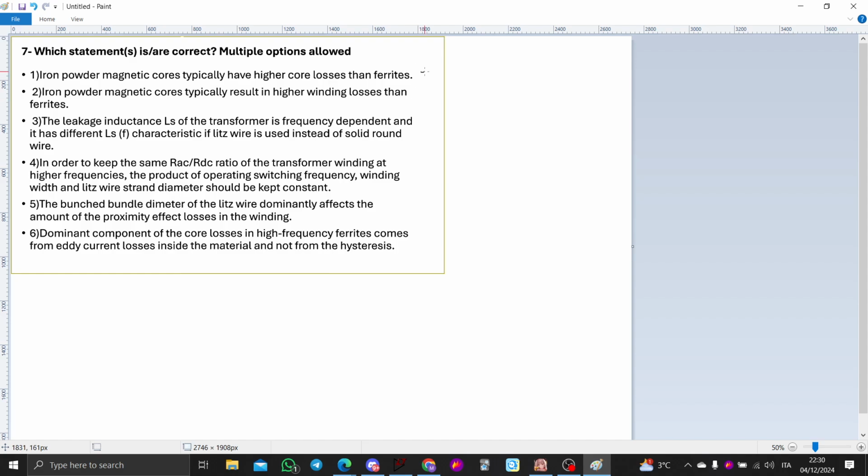The power loss of the core is basically proportional to B squared times f squared times the frequency. And so the iron powder has greater core losses than ferrites. This is true.